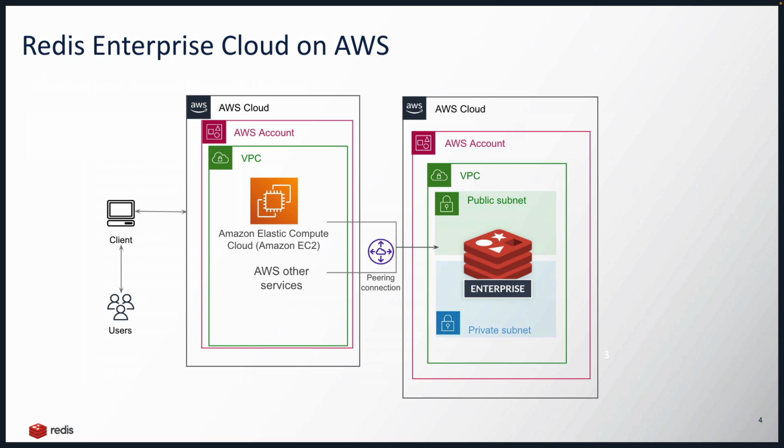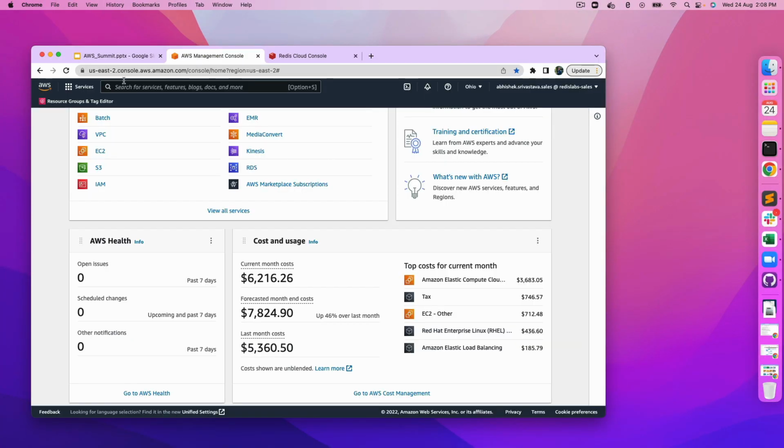You just need to create a VPC peering connection between these two so that your application is capable of connecting to this Redis Enterprise cluster. So let's see how the entire thing works.